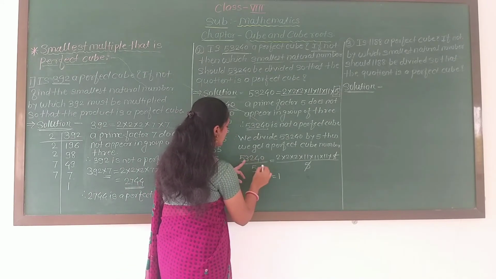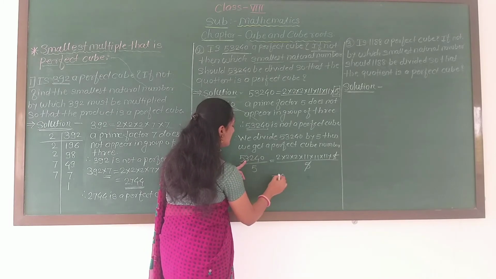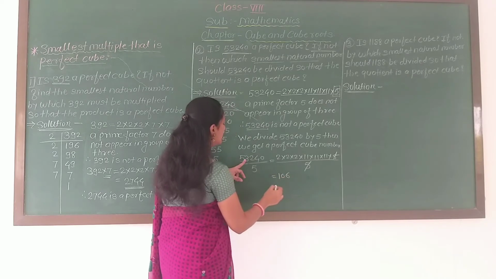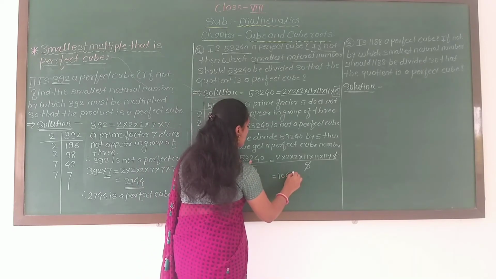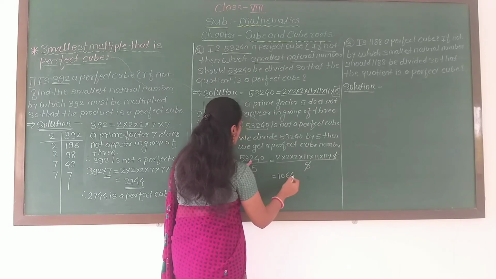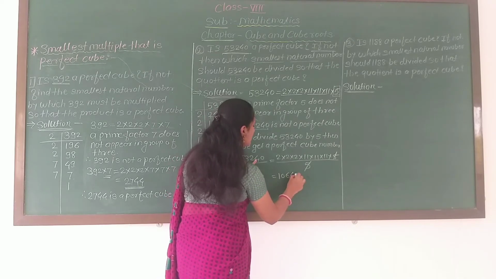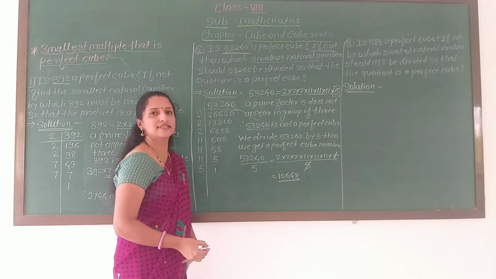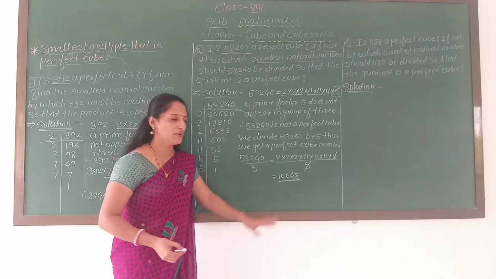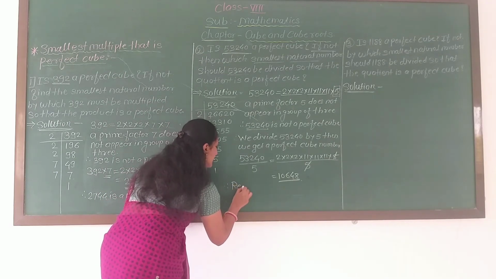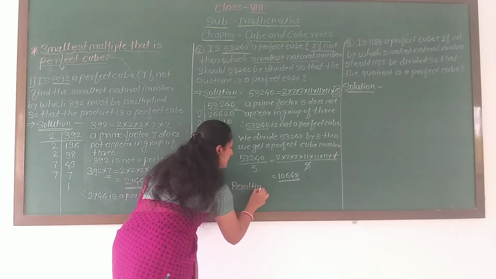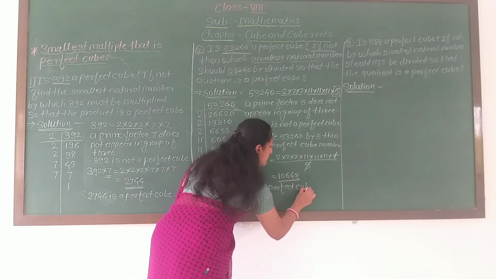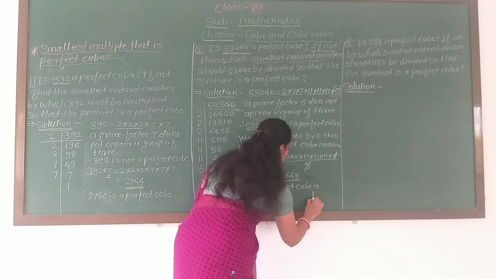After that 0. 5 6s are 30, 2 is remaining. 5 4s are 20, 4 is remaining. 5 8s are 40. So that number is 10,648. Okay. That means our resulting number is a perfect cube. Resulting perfect cube is which number?